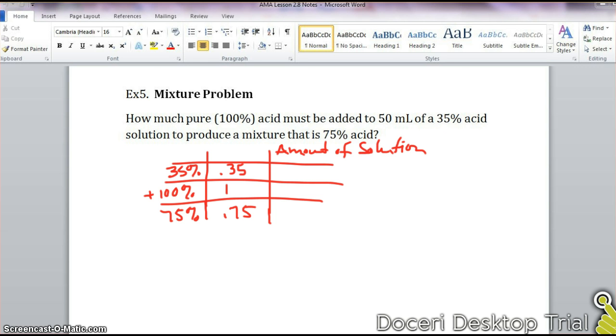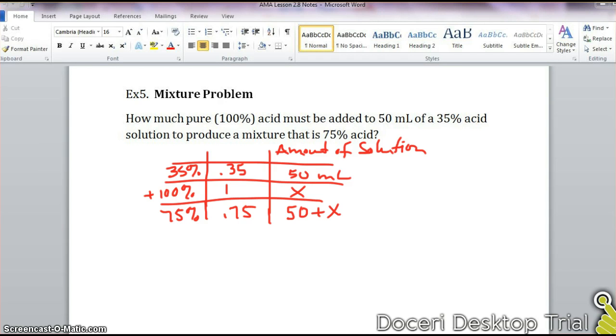In this case we have 50 milliliters of 35%. We want to know how much of the 100% we're going to get, and then if we add whatever we add to the 50 milliliters, for instance, if I added 60 milliliters to that, that would be a total of 110. So I really don't know that x is 60, so I'm going to put 50 plus x.